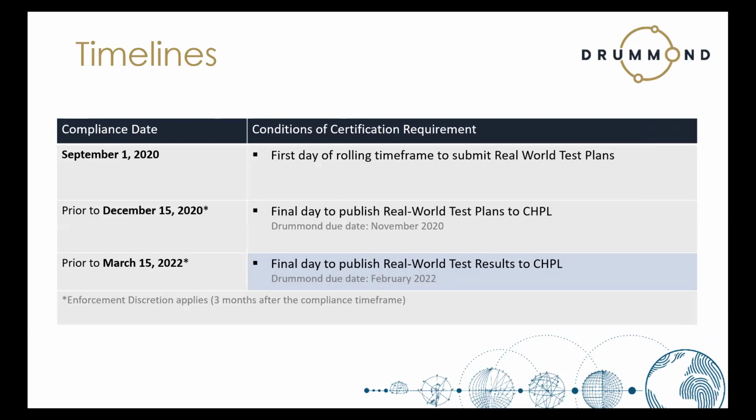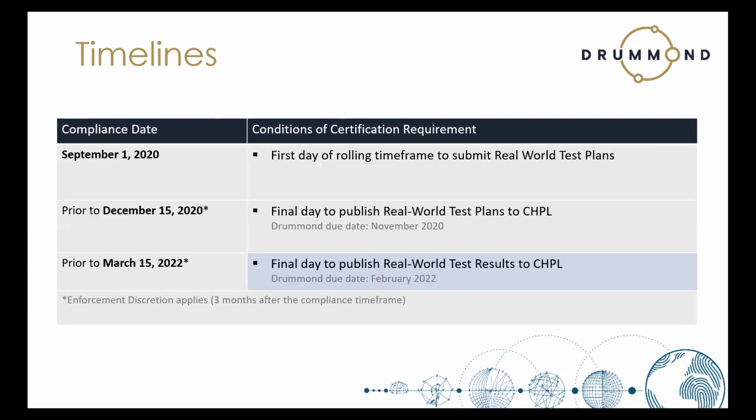The first test plan is due by December 2020. You have an opportunity to submit past that and you won't be penalized for 3 months. But by the rule, the second test plan is due December 2021.